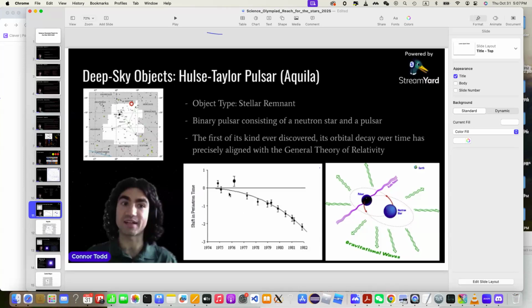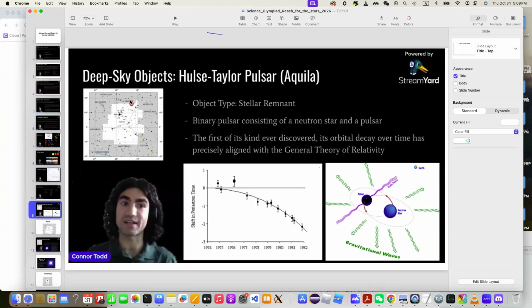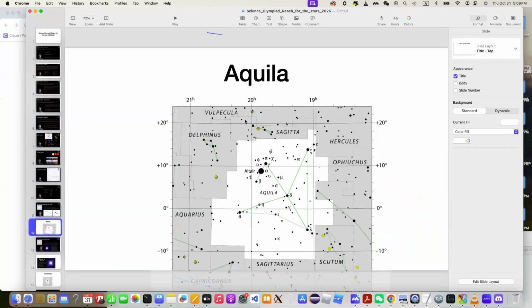If you look at the period, you can see that it rotates faster and faster. That is the most important signature of this object. It is in Aquila, somewhere here in the upper right location.